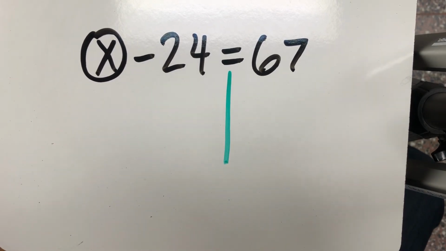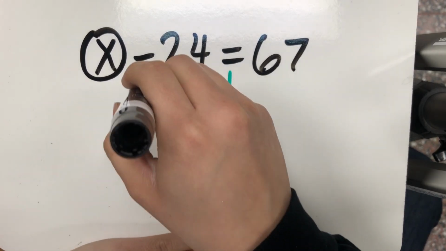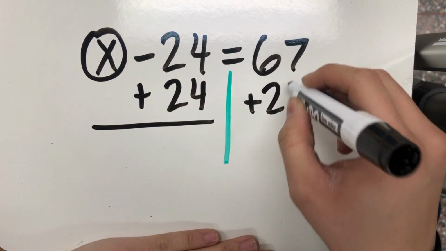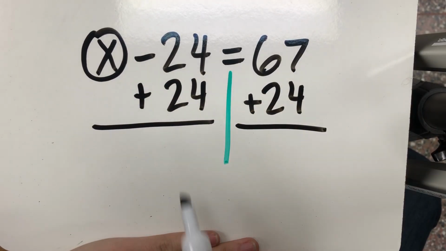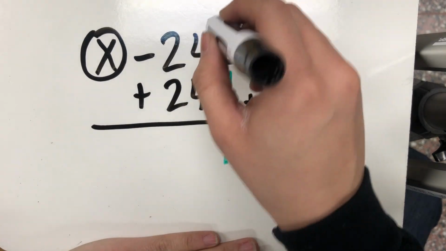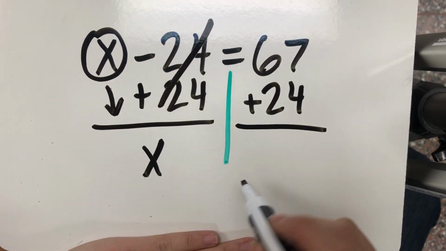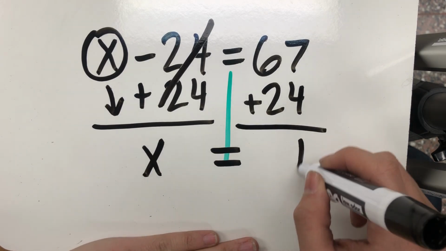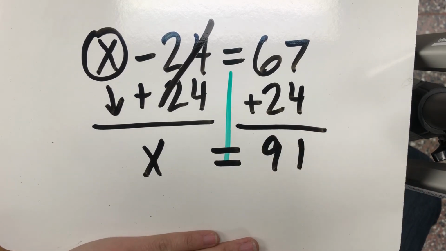We're going to do the exact same thing. What is the opposite of minus 24? I'm going to add 24. Negative 24 plus 24 is 0, so I'm left with my x. And x, you can use your calculator to punch that in. You would get 91.